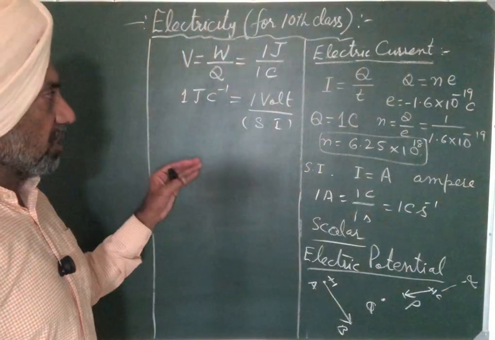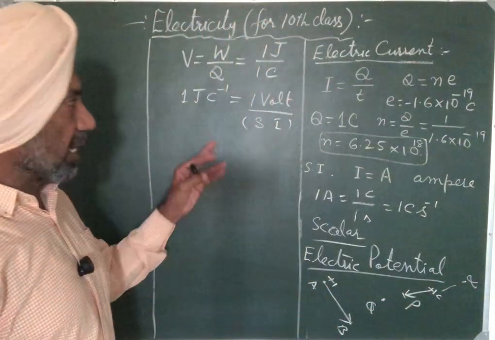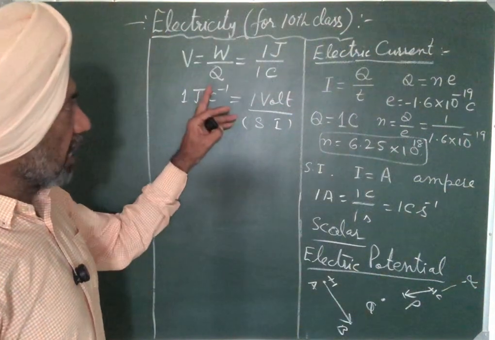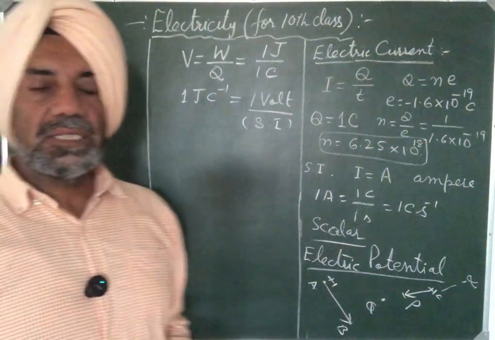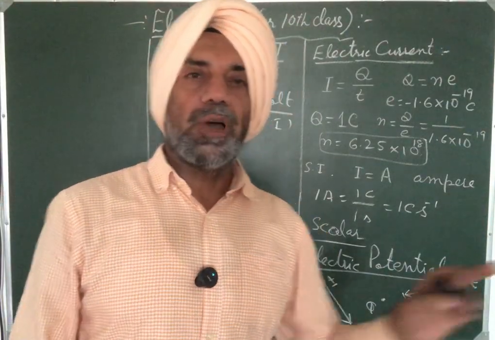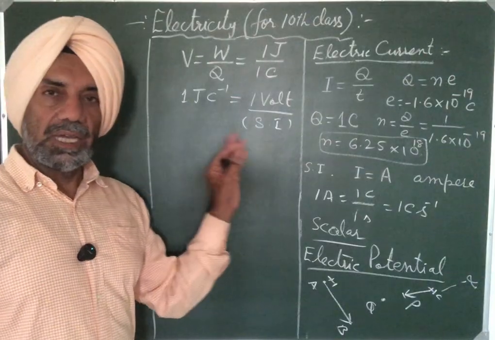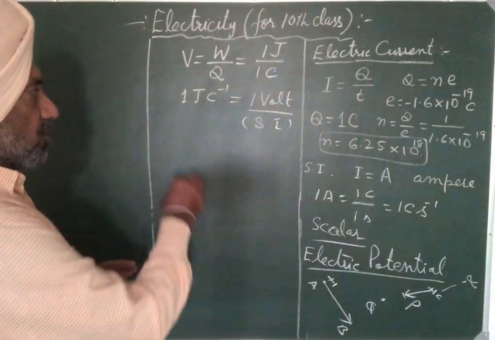So electric potential or potential difference between 2 points is said to be 1 volt when 1 joule of work is done in bringing 1 coulomb charge from one point to another point. Simple. So SI unit of electric potential or potential difference is 1 volt. It's also a scalar quantity.